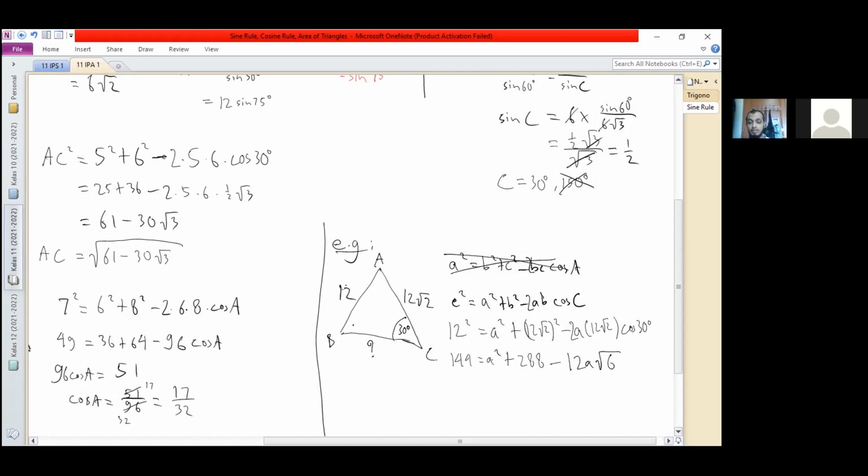Now we have a quadratic, A squared here, so we can rearrange the terms to get a quadratic equation. And that's how you find the side A. So 288 minus 144 is 144.